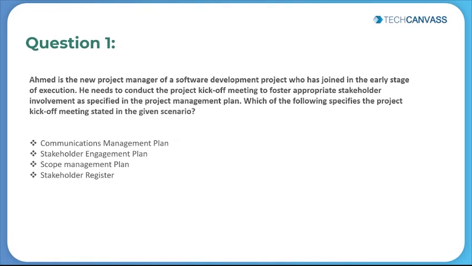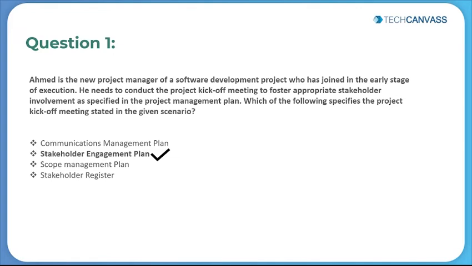So now we are left with only two options: communication management plan and stakeholder engagement plan. The communication management plan is a good option, but it can help with the agenda and templates to be used in the kickoff meeting. So among all the options, the best answer is option B, stakeholder engagement plan.